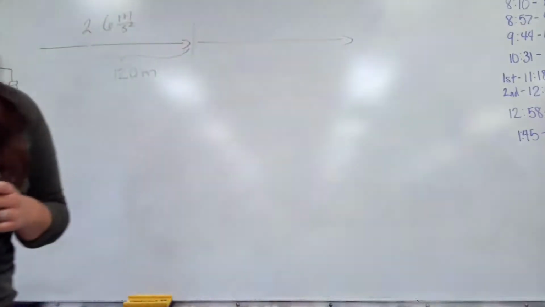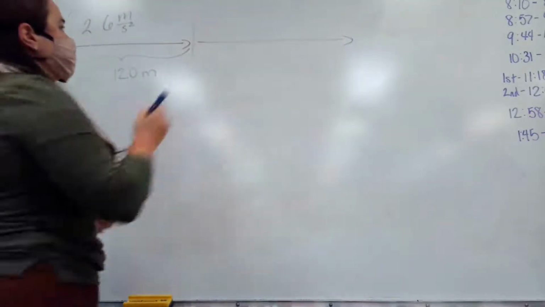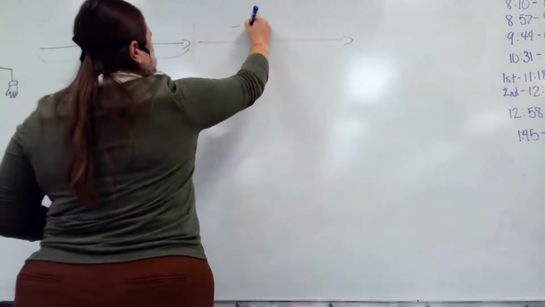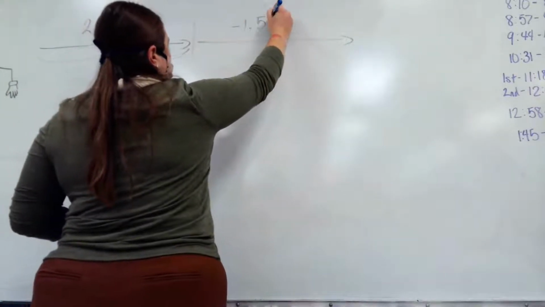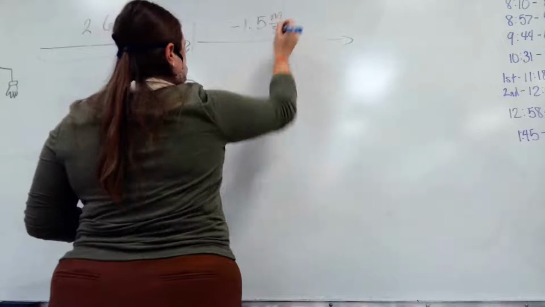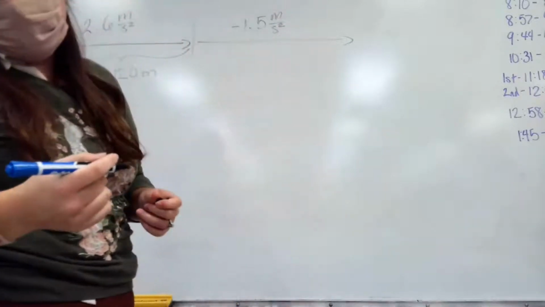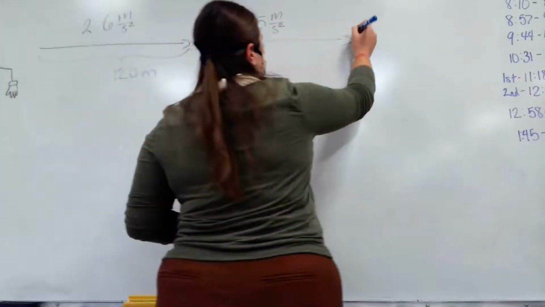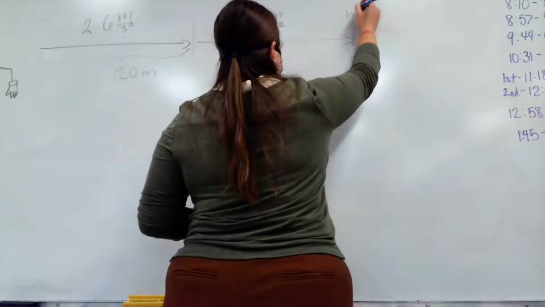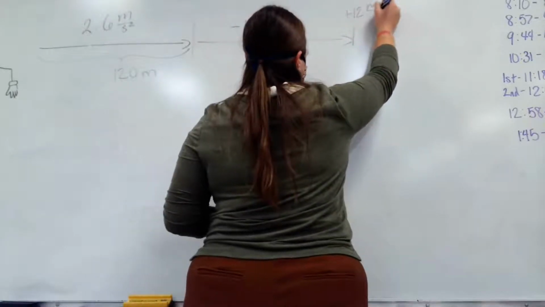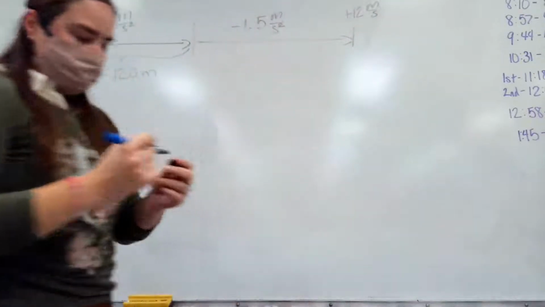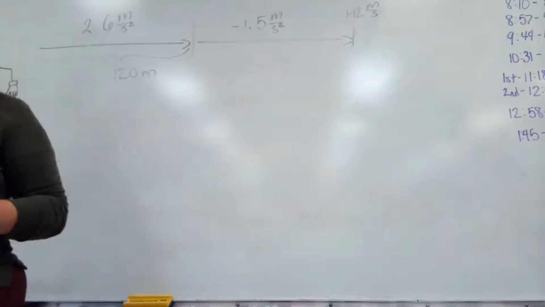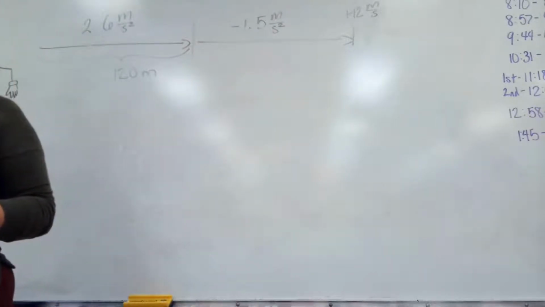Then here we have an acceleration of negative 1.5 meters per second squared, and we have that acceleration until we reach a speed of positive 12 meters per second. Are there any questions?